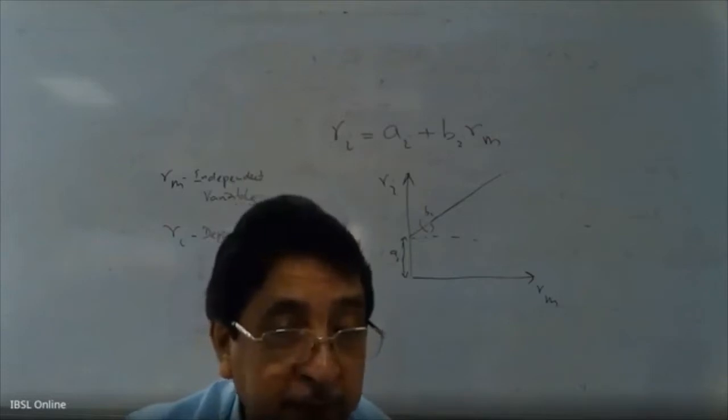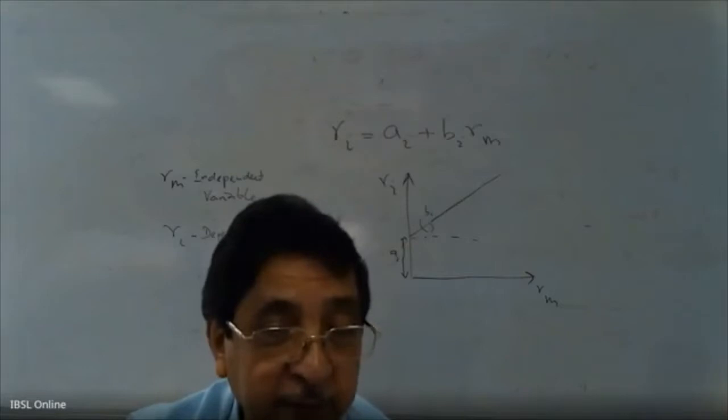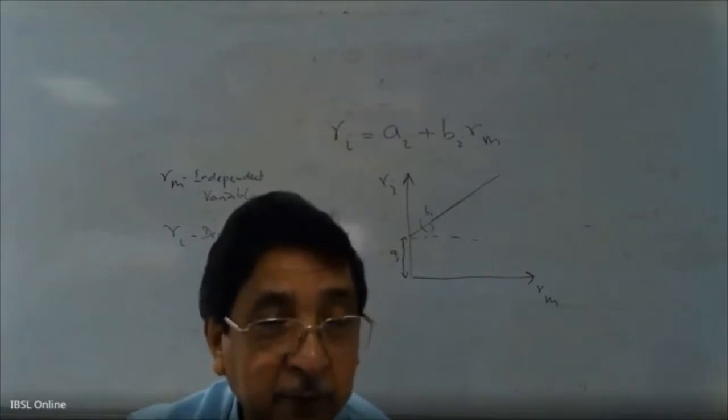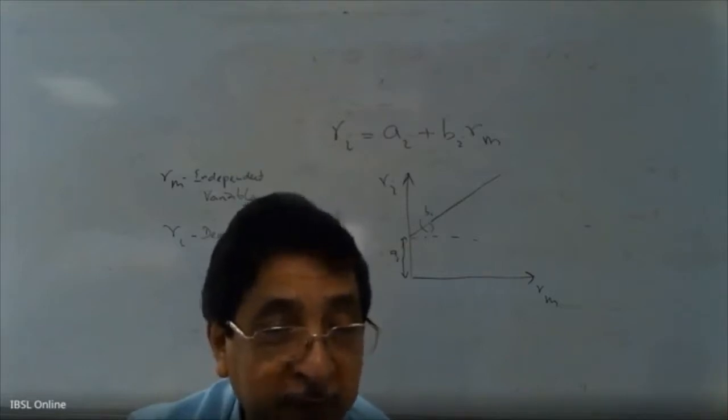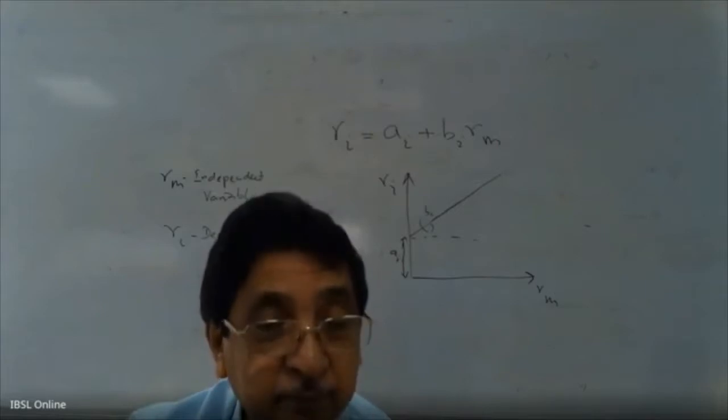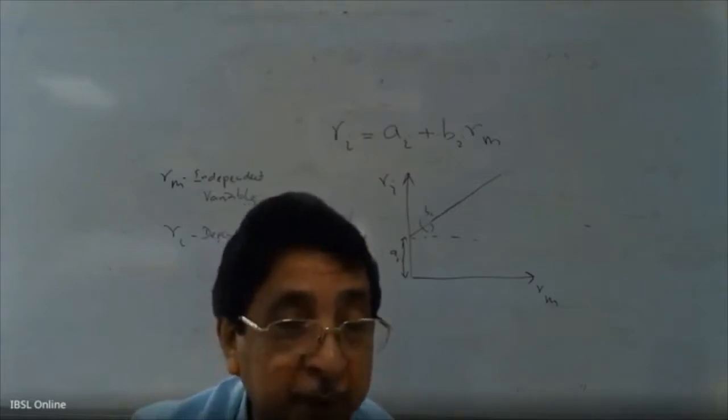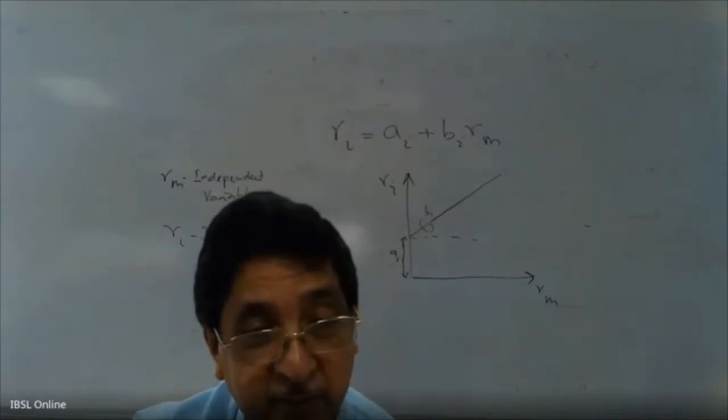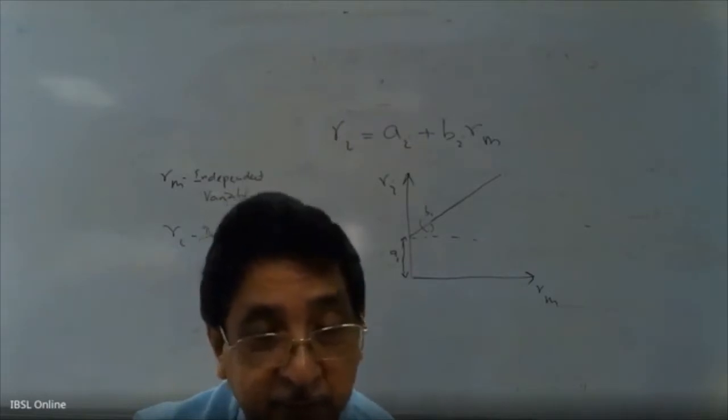And this particular amount, we call it the intercept. That is what you call alpha, and we signify it by AI. And there's a particular angle here. The tangent of that angle is called beta or BI.